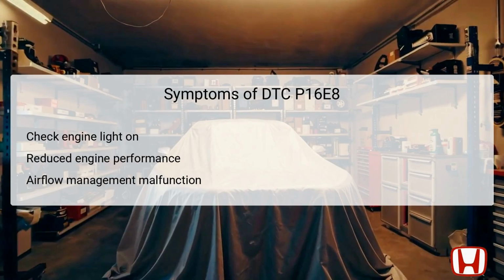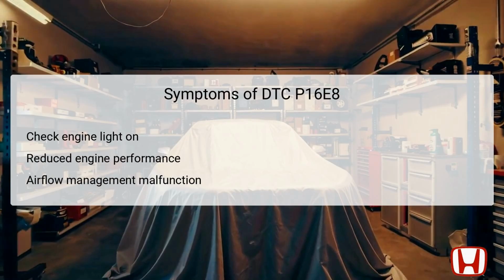Symptoms associated with DTC P16E8 can greatly impact the vehicle's performance. The most immediate indicator is the illumination of the check engine light on the dashboard, which alerts the driver to a problem that needs attention.